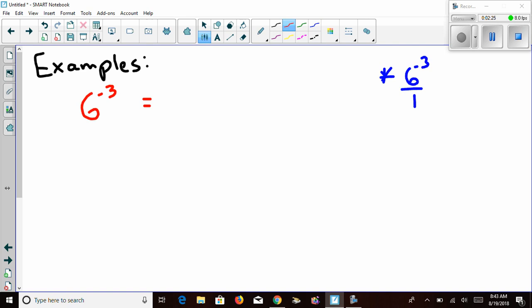So I'm going to flip it over, putting the 1 on top, and putting the 6 to the third now on the bottom. Notice, though, this time it is a positive 3, not a negative 3. Whenever you change the location or flip the piece over, you must make it a positive.